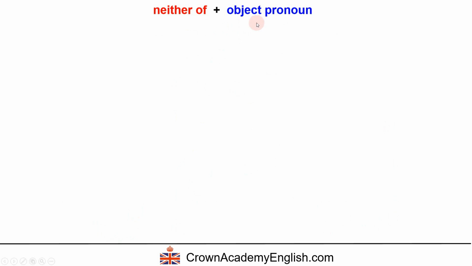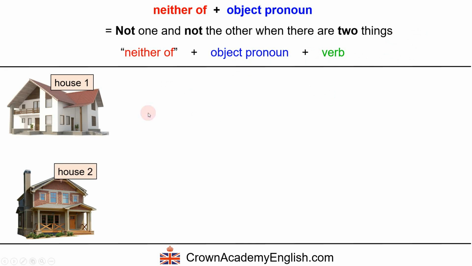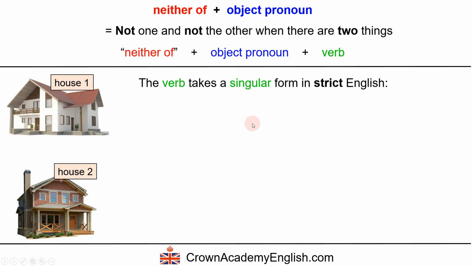Neither of followed by an object pronoun. Again, not one and not the other when there are two things. Here's the form: neither of, object pronoun, and a verb. So we have two houses. This is house 1 and this is house 2. Now, there are two rules here. The verb takes a singular form in strict English.